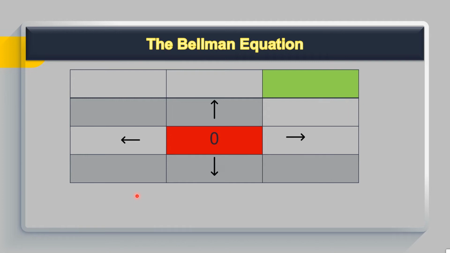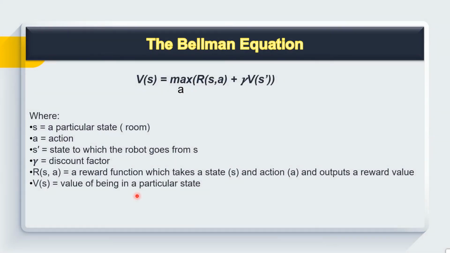Now we need to give this concept a mathematical shape, most likely an equation, which then can be taken further. Now you might be surprised that you can do this with the help of the Bellman equation with a few minor tweaks. So if we have a look at the original Bellman equation, V(s) is equal to the maximum of R(s, a) plus gamma V(s').